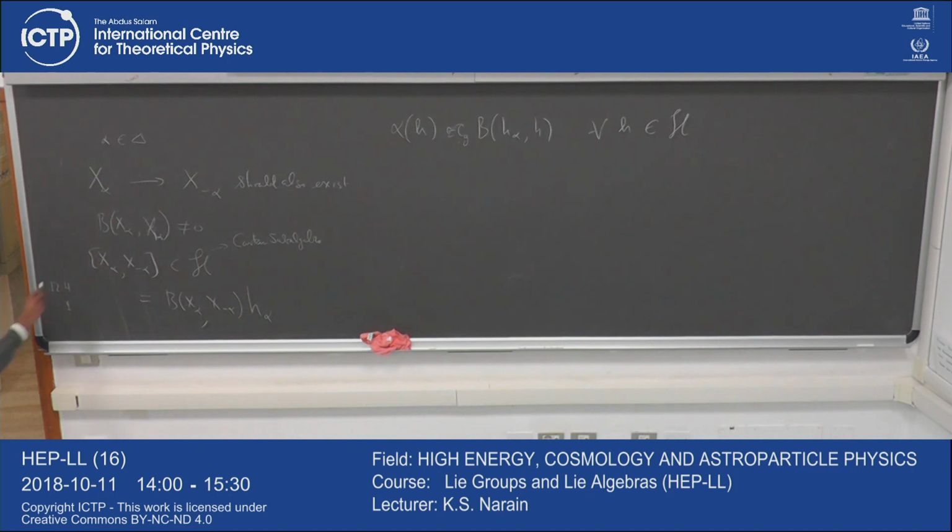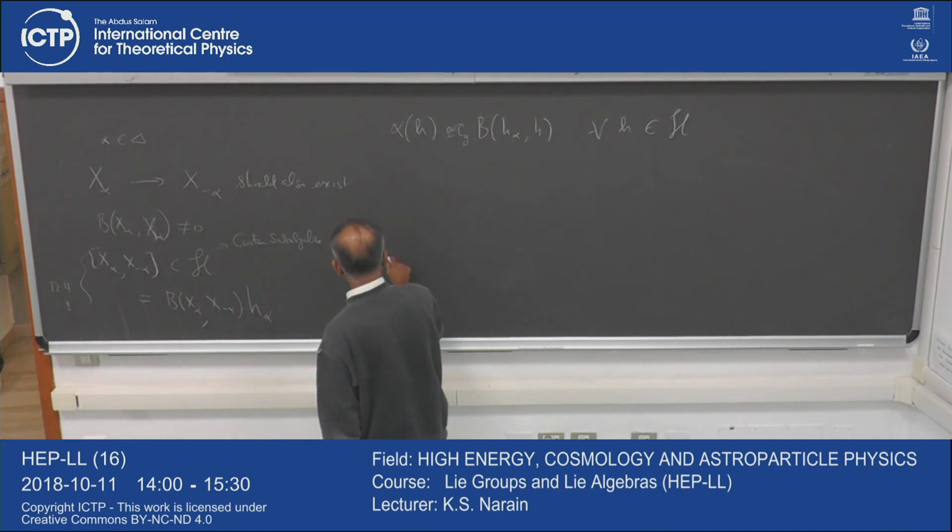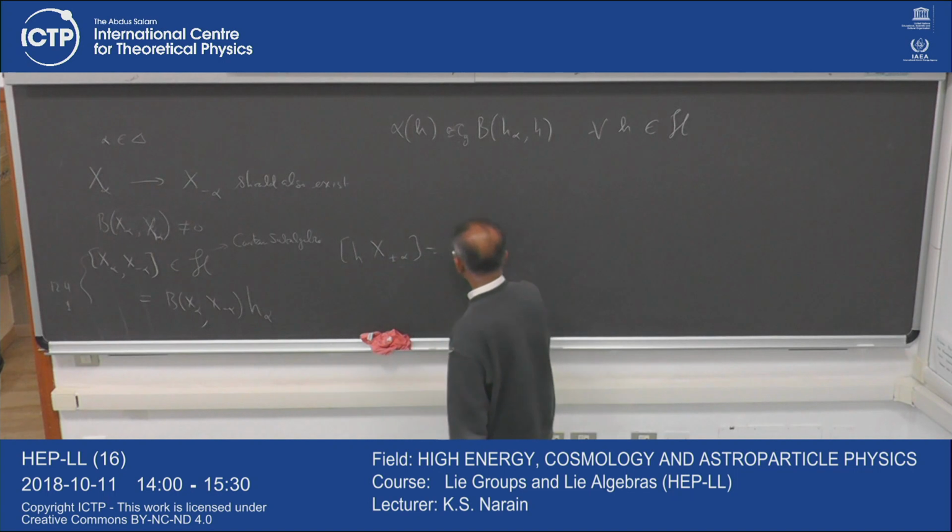This is a very important part, because we also have the relation that the commutator of H with x_plus-or-minus_alpha is plus-or-minus alpha(H) times x_plus-or-minus_alpha.